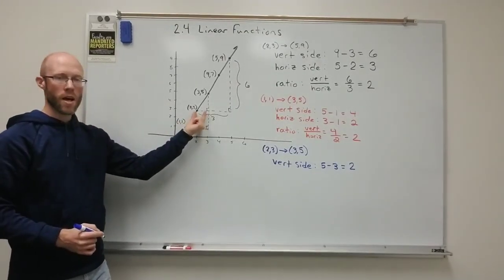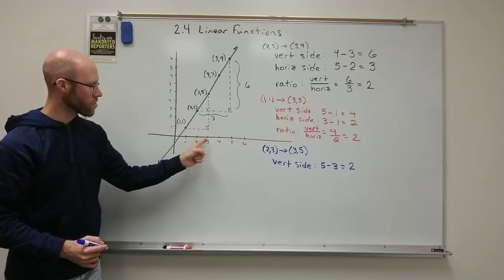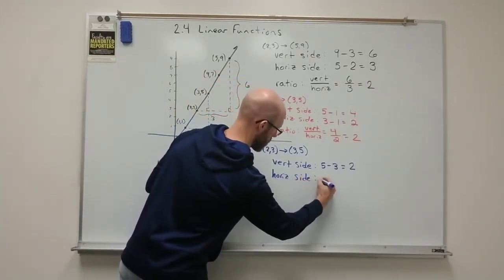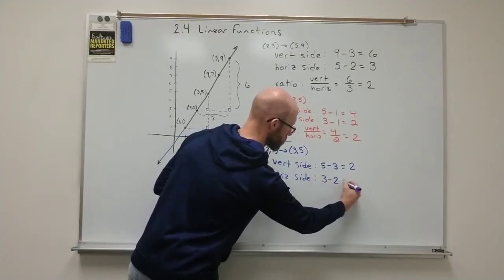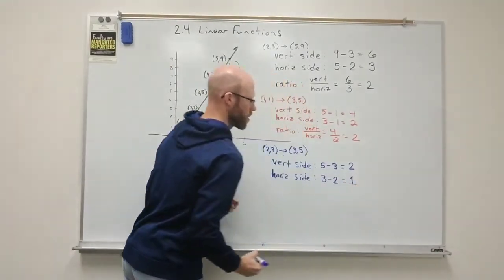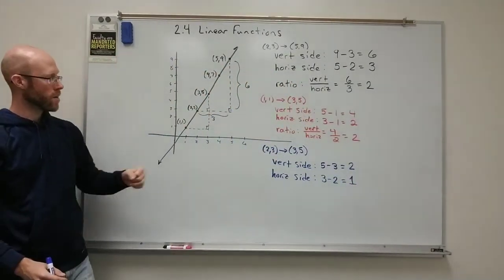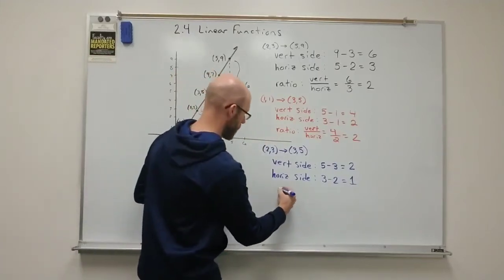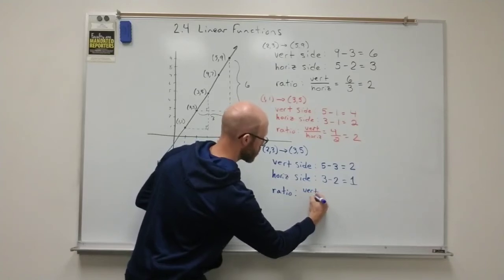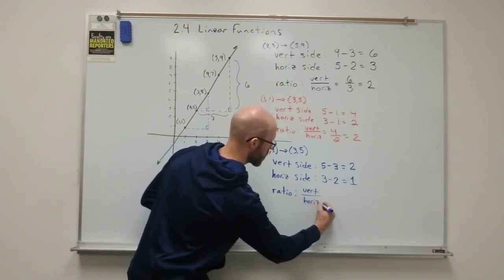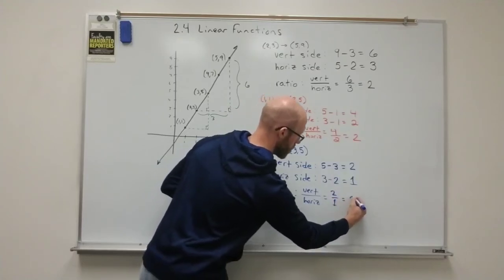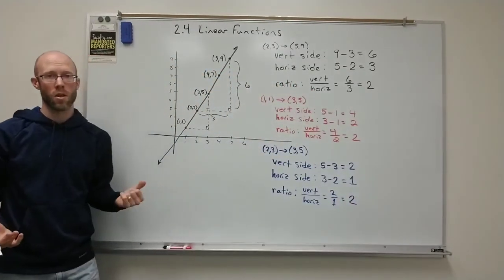The horizontal side for that starts at 2 and goes to 3. So it'd be 3 minus 2, again in reverse order, which of course equals 1. And when I set up my ratio of corresponding sides, vertical to horizontal, in this case it is 2 over 1, which of course reduces down to 2.